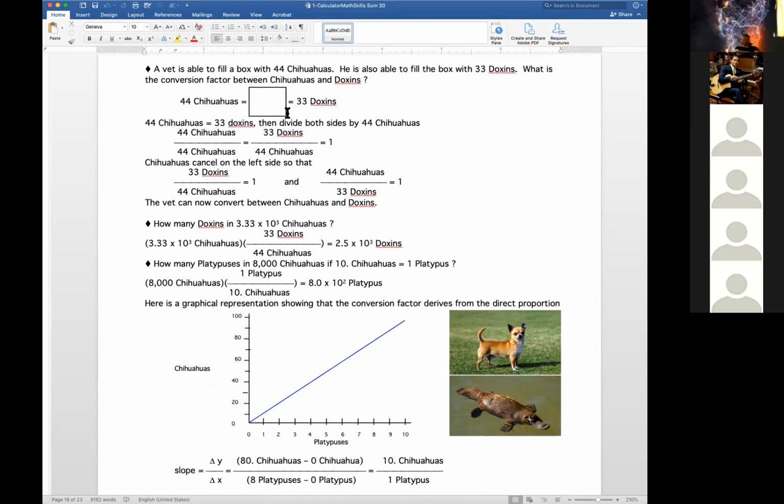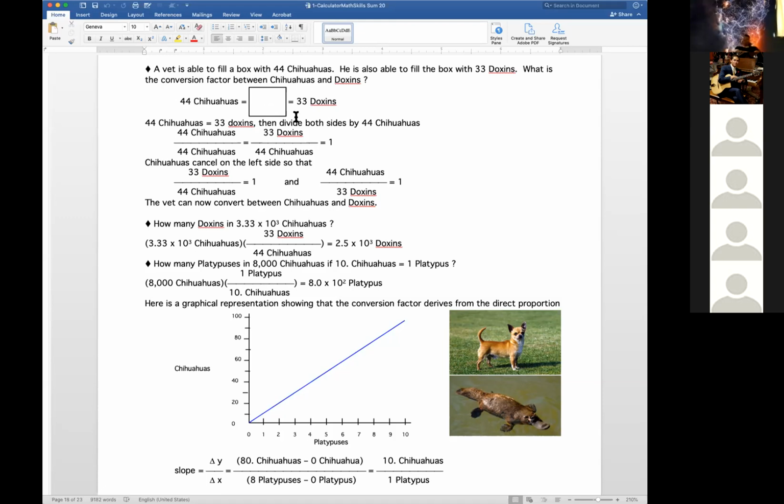So what we're saying here with this problem is that 44 Chihuahuas is equal to 1 box, and 33 Dachshunds is equal to that same box, so therefore 44 Chihuahuas is equal to 33 Dachshunds. That's an equality. Is it a direct proportion? Well, if I had 2 boxes, there'd be 66 Dachshunds and there'd be 44 Chihuahuas, right?